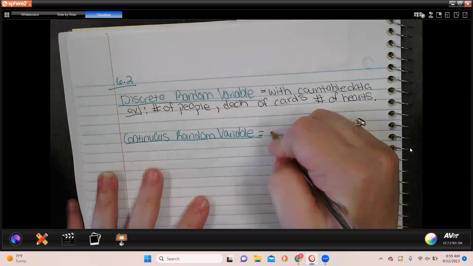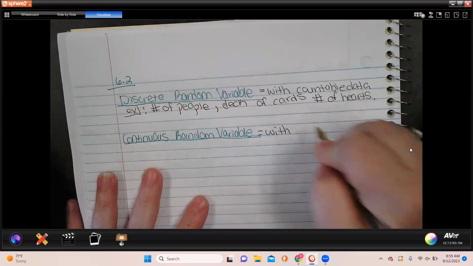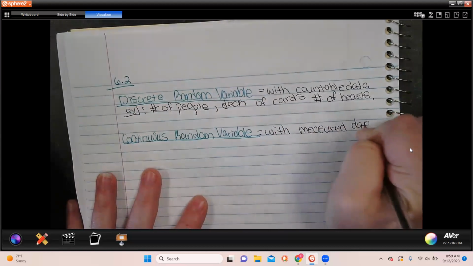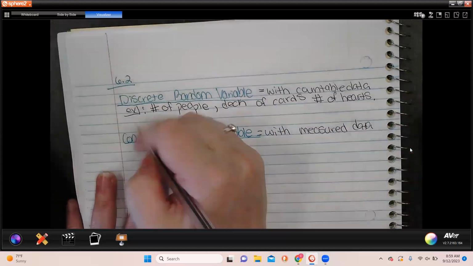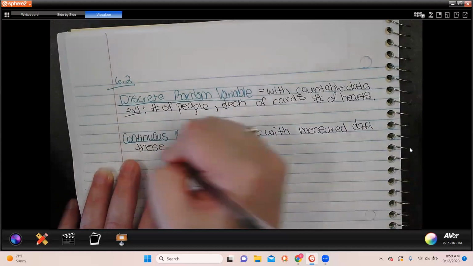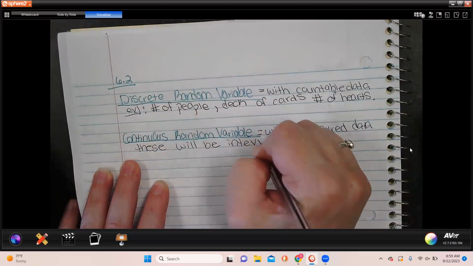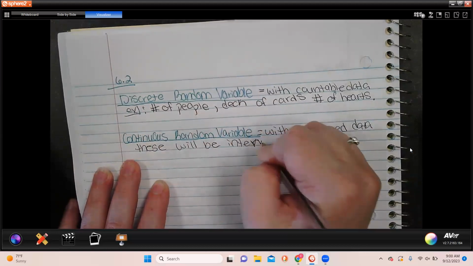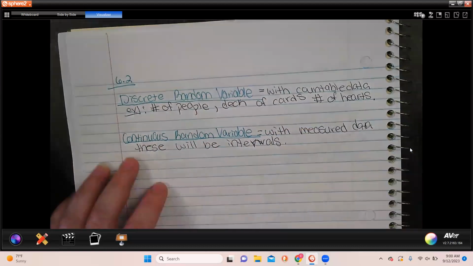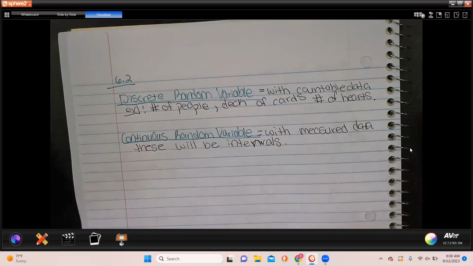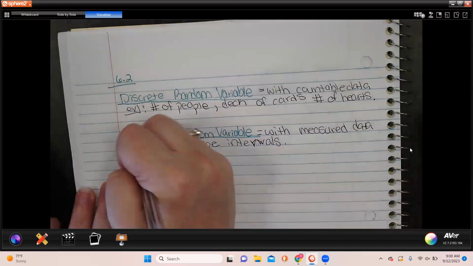Continuous is with measured data, truly measured. Because it's with measured data, these will be intervals. What I mean is, like, between 1 and 5, anything between 1 and 5, which can be 2, 3, 4, or it can be 2.17568, anything between.